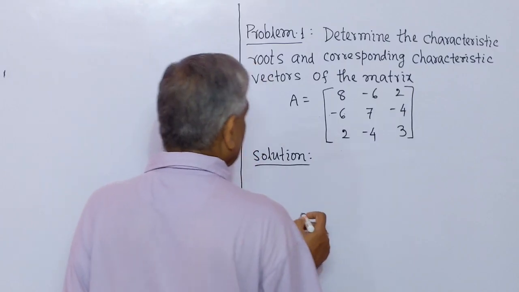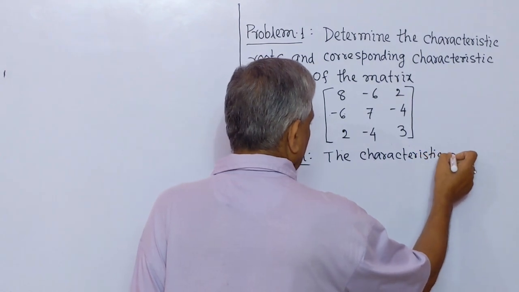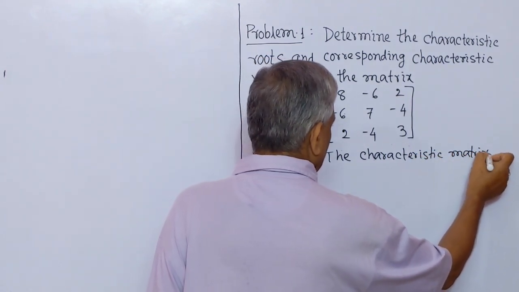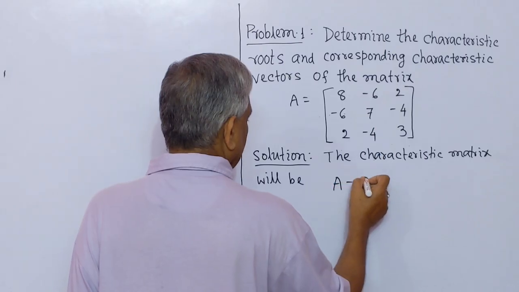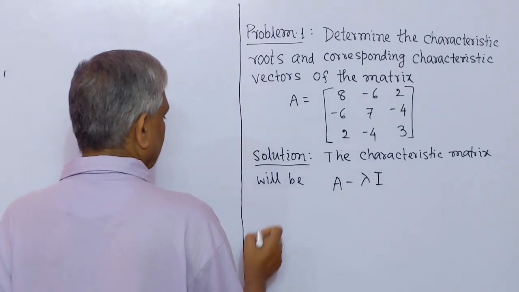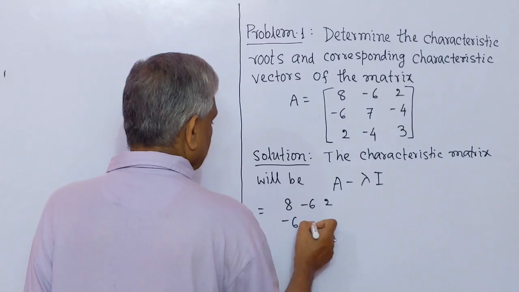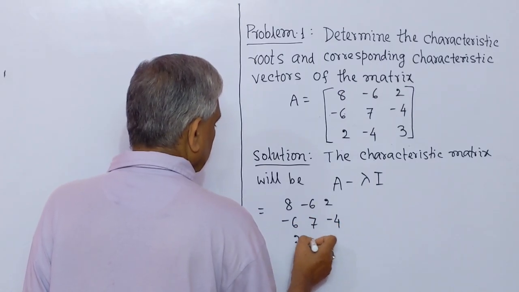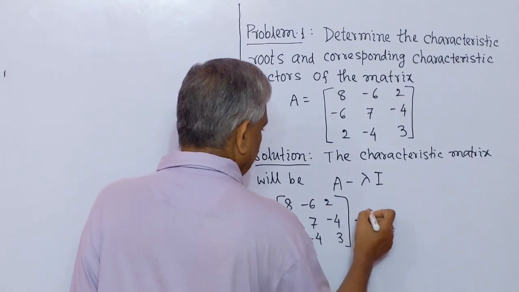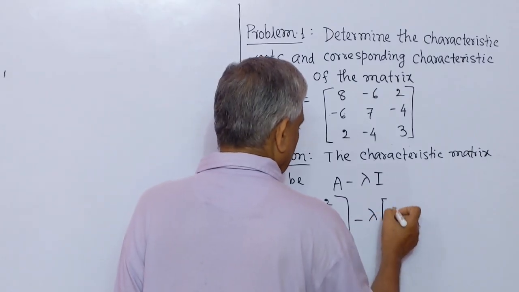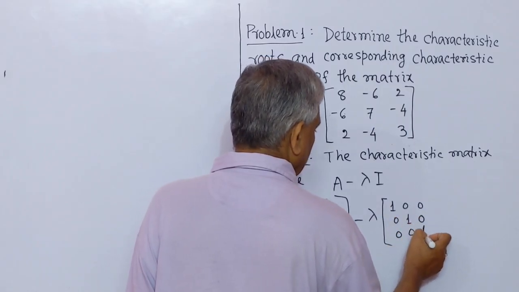Now we solve this. The characteristic matrix will be A minus lambda I. A is [8, -6, 2; -6, 7, -4; 2, -4, 3], and lambda I, where I is the unit matrix [1 0 0; 0 1 0; 0 0 1].